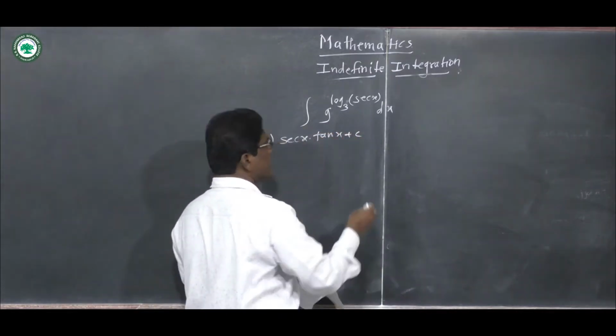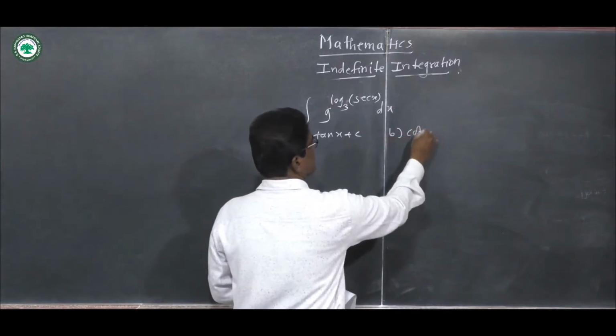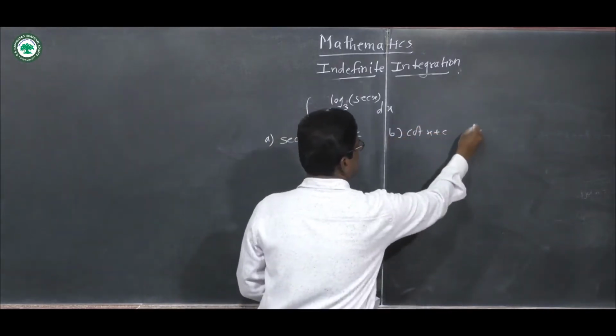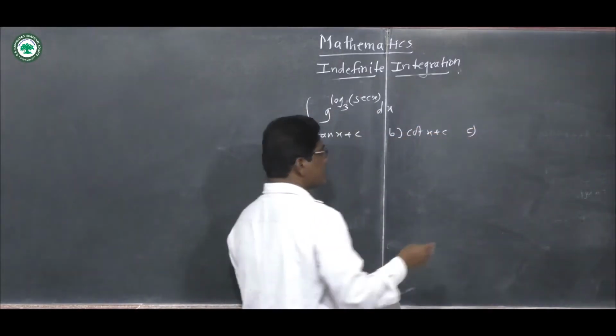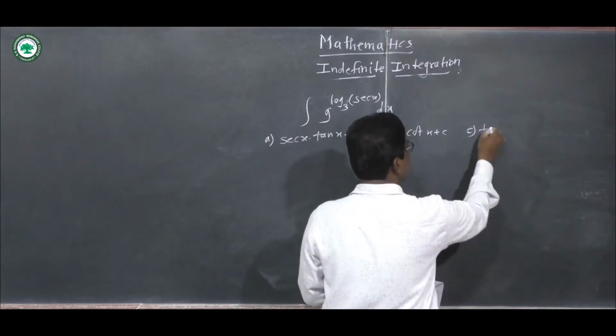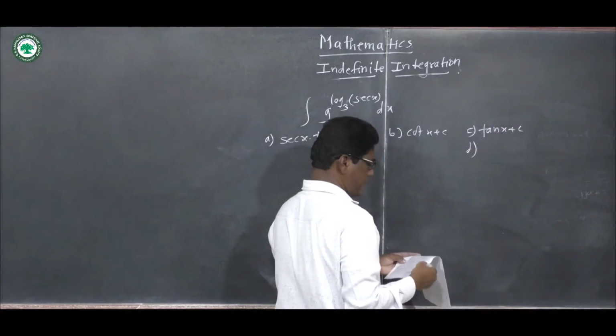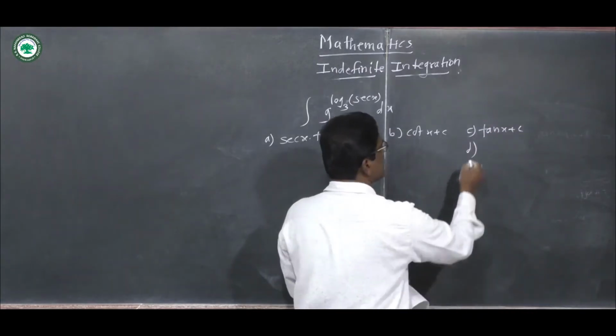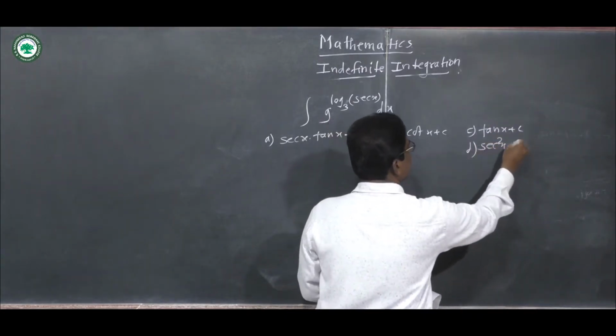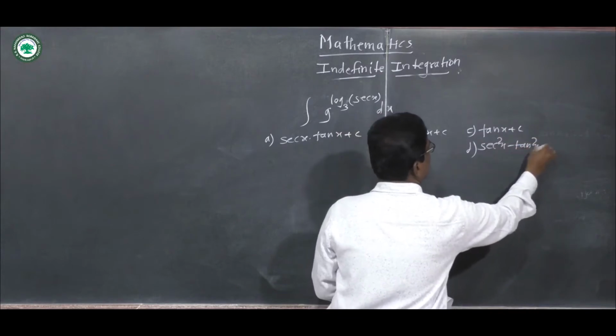B, cot x plus c. C, minus tan x plus c, and D, sec square x minus tan square x plus c.